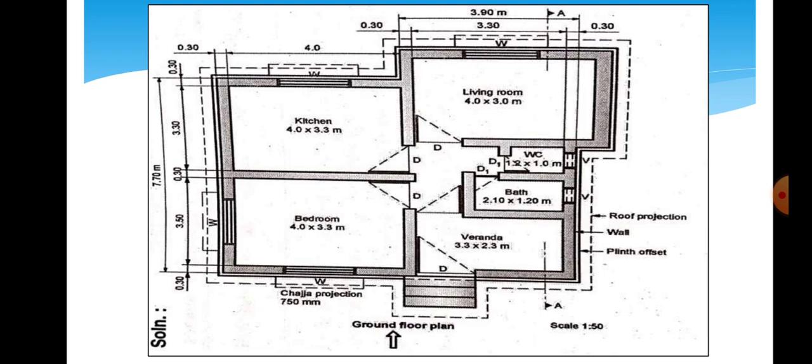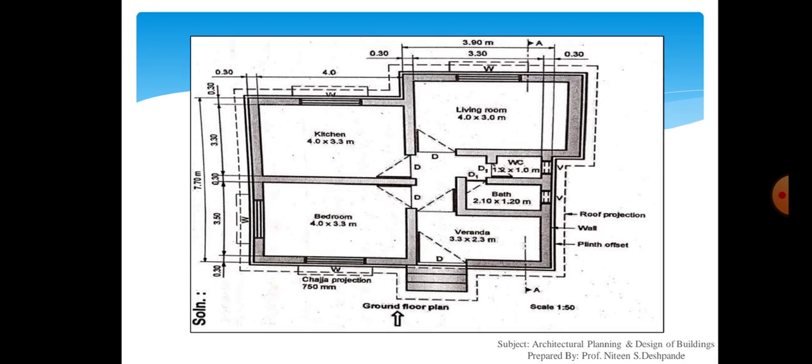For the door, you write single panel door, double leaf door or revolving door, whichever type of door you are providing. The remaining column is the size of that door, window or ventilator. What size you are going to provide, you need to write there. So this was about the plan.